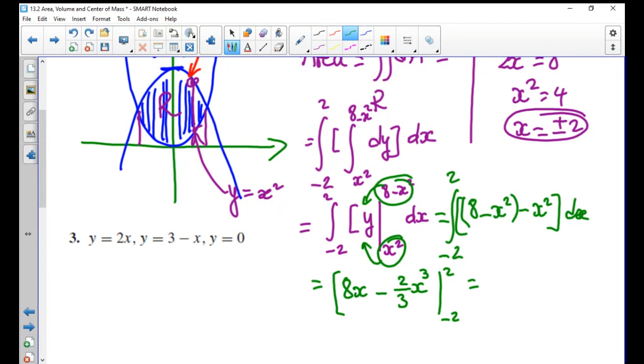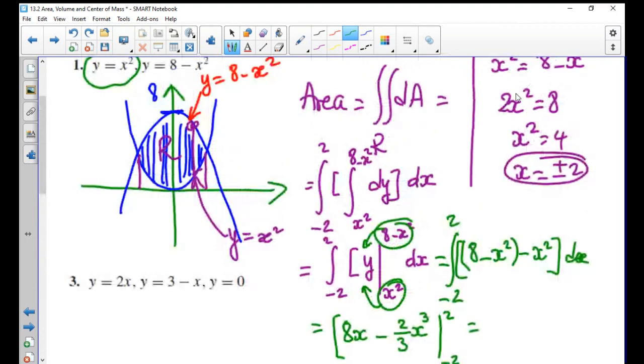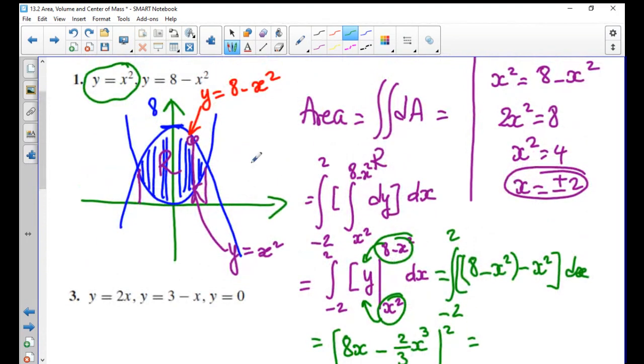Which one? 2 and minus 2? Okay. They are here, yes? From the intersection of the two curves. The intersection of the two curves will give you the boundaries for x from here to here.